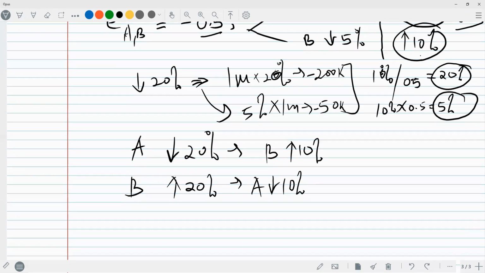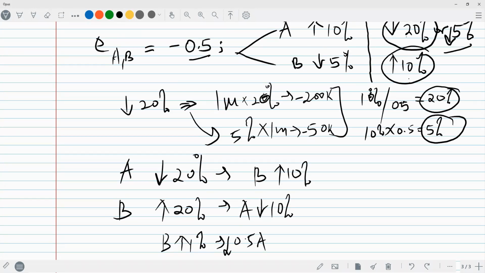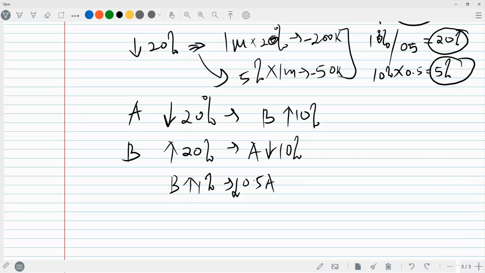Which means therefore we can say that a 1% return for B is like a 0.5 return of A, isn't it? Yes. Therefore, B increased by 10%. What happens to A? Reduces by 5%, isn't it?